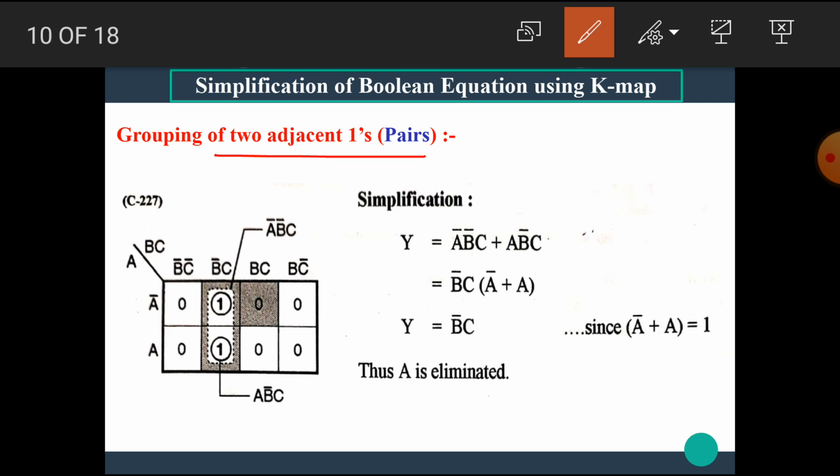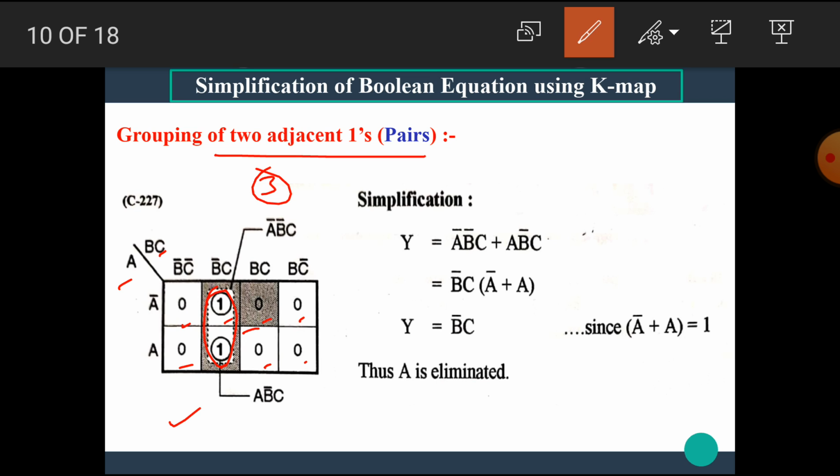The first Kmap is given here, this Kmap is for 3 variables. In this Kmap we can see that A, B, C are the 3 variables. Here in this Kmap we can see the values 0, 1, 0, 0, 0, 1, 0, 0. Here these two ones are adjacent with each other, hence a pair is made here.